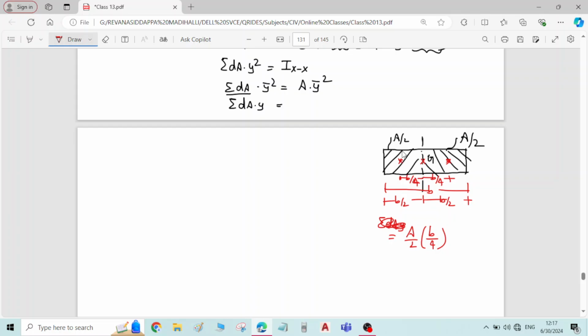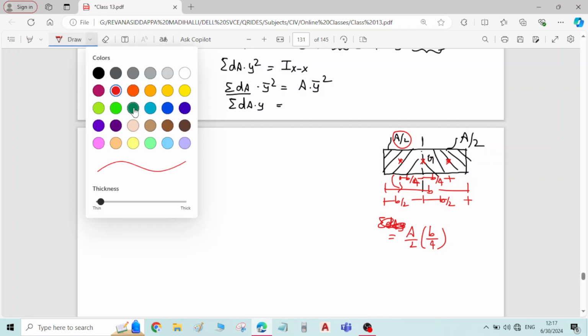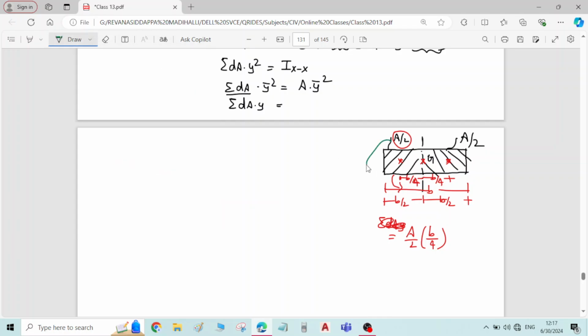The area is A by 2, the perpendicular distance is b by 4, and this area will cause an anti-clockwise moment about this centroid. This left portion of the figure is trying to rotate in the anti-clockwise direction about the centroid, so the sign is minus.